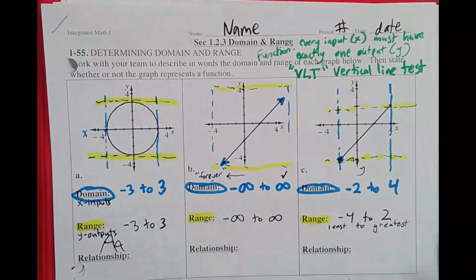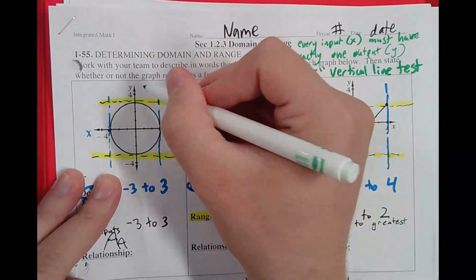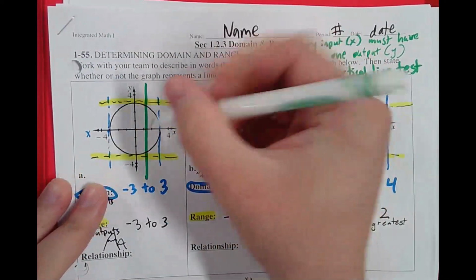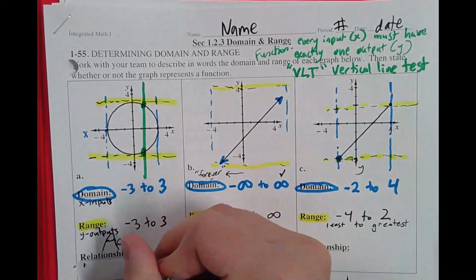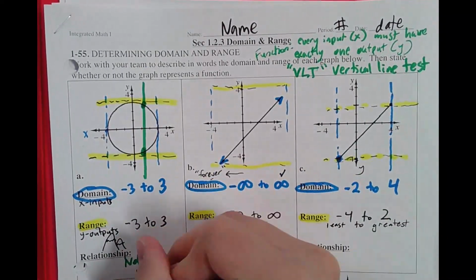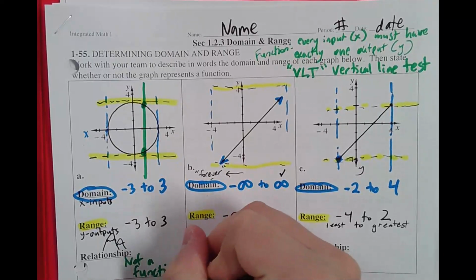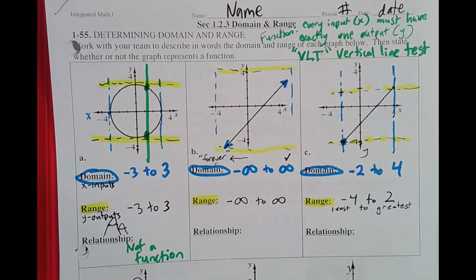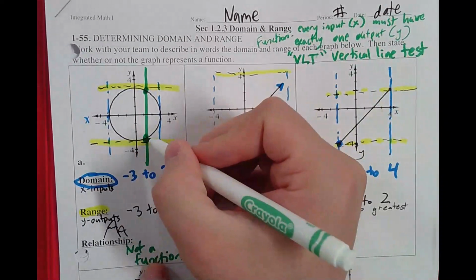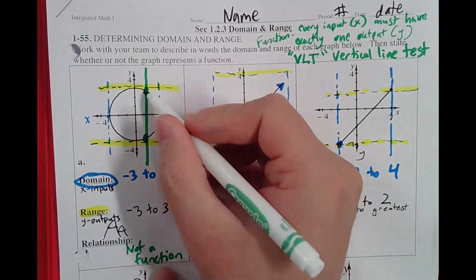The vertical line test. If I draw a vertical line, does it go through more than one point? Check it out. This one goes through more than one point, so it's not a function. It fails the VLT. Okay, it fails the vertical line test. To be a function, every x has to have only one y.